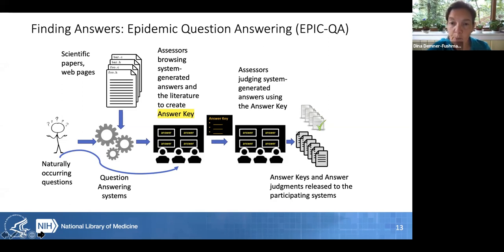And then they go back to the documents, and they assign these nuggets. However many nuggets are in that snippet that they are considering as an answer, they assign it back and they label the answer with the nuggets that it covers.